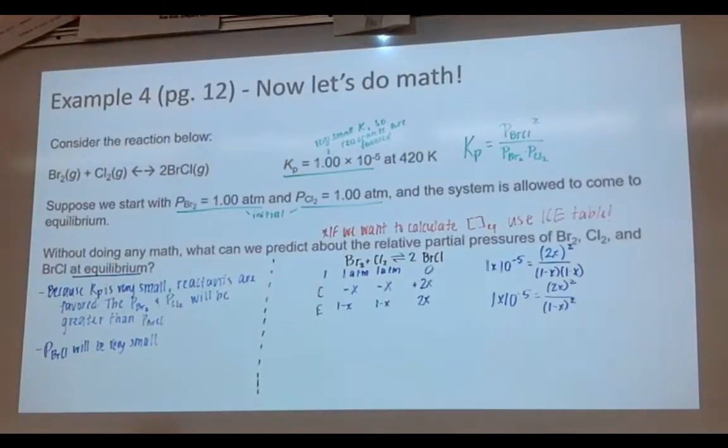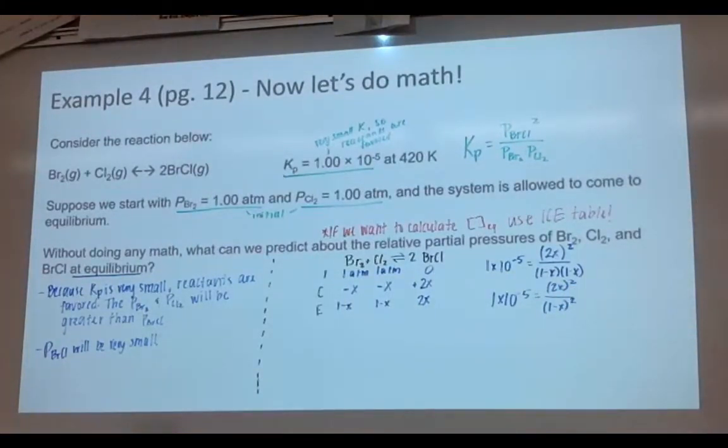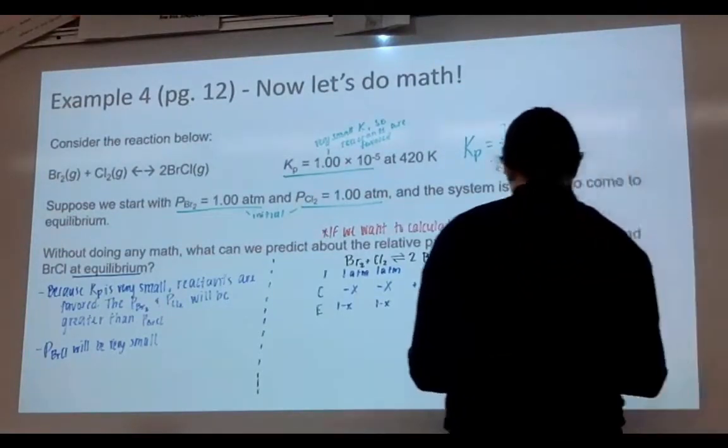These are both perfect squares. Now, if you really want to use the quadratic and multiply everything out, go for it. You're going to get the same answer if you just use perfect squares. So if I have the quantity 2x squared on the top and the quantity 1 minus x squared on the bottom, here's what I can do.